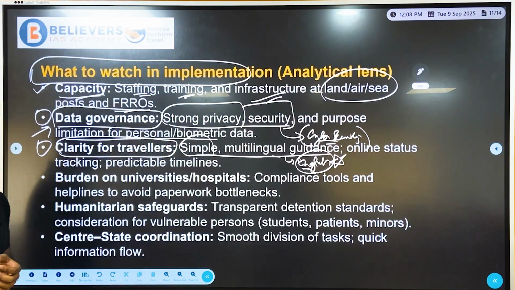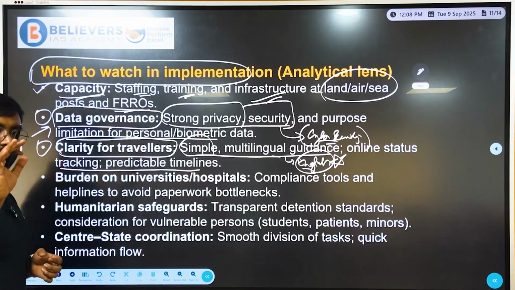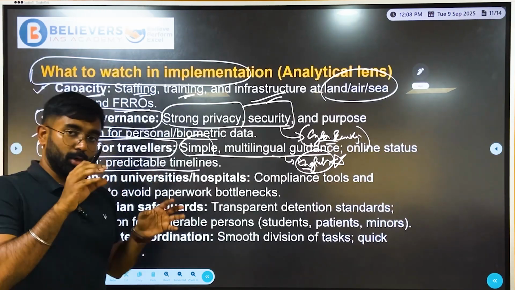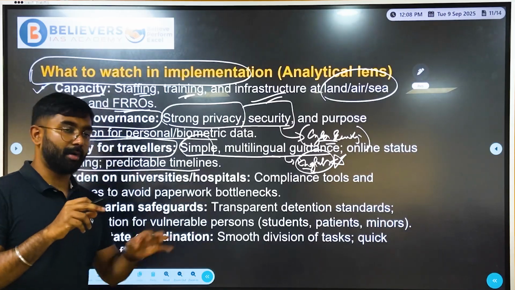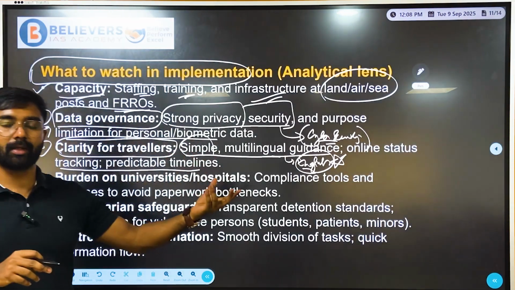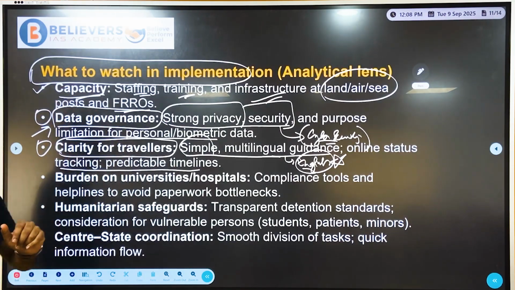Multilingual guidance also has to be incorporated, along with online status tracking and predictable timelines, all of these things to ensure that not just the travel but also the stay of that particular person, even in terms of how he has to comply with the rules of the country, happens smoothly.